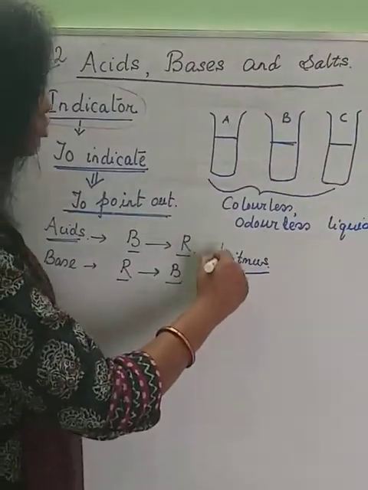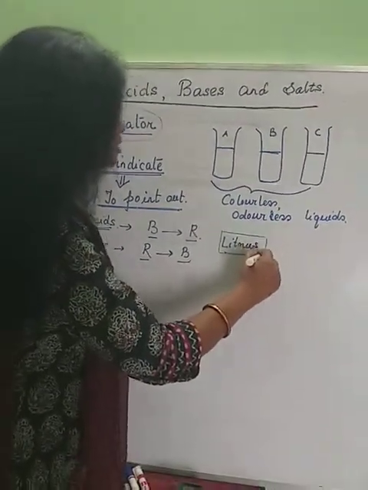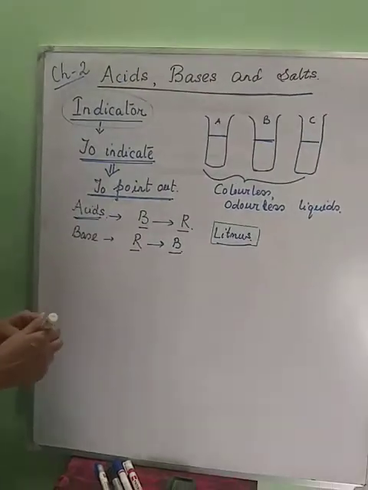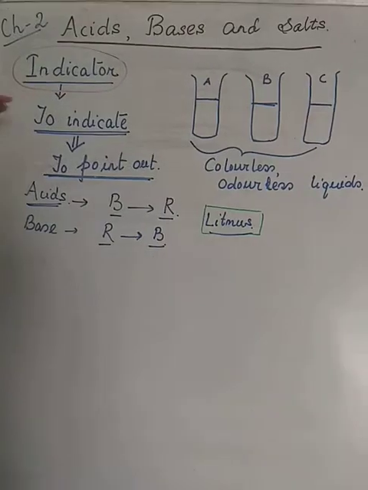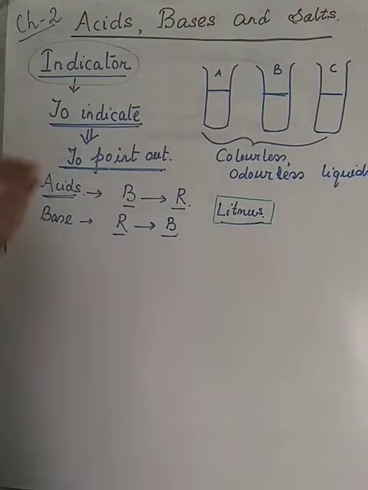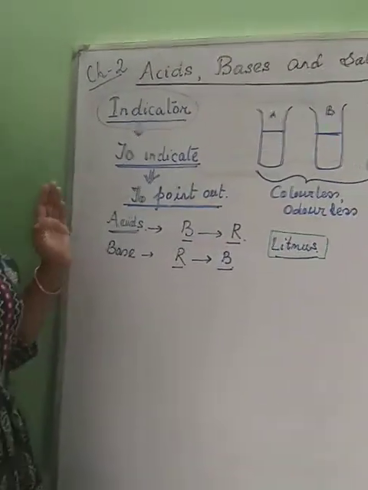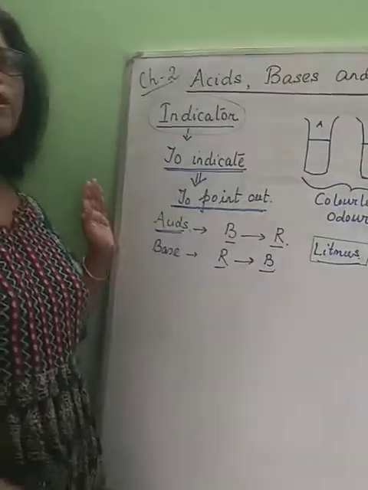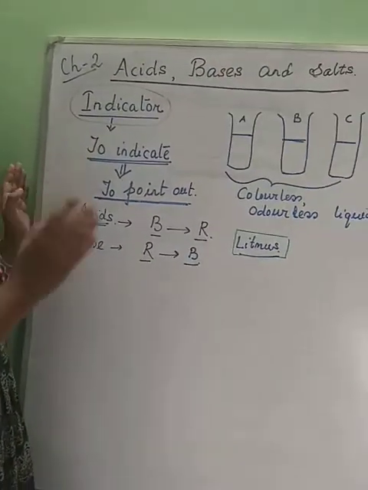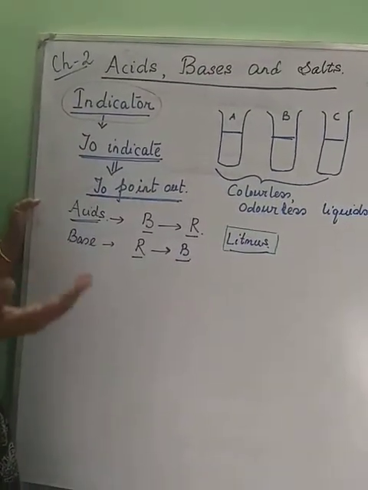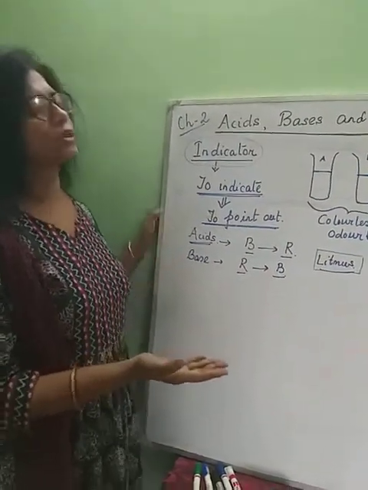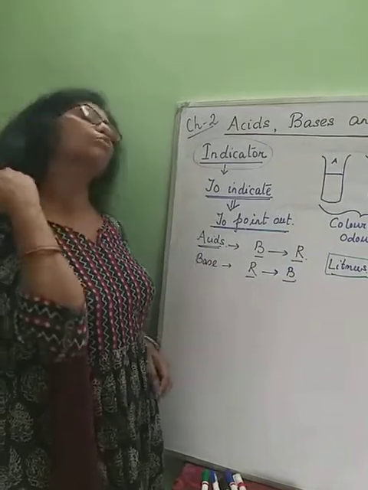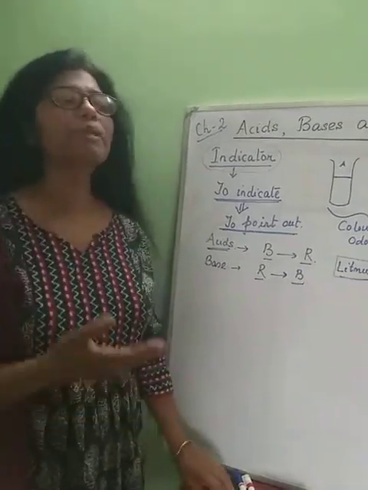One of the natural indicators is litmus, which is obtained from lichens. We have some other synthetic or man-made indicators too, such as methyl orange and phenolphthalein. Later on you will come to know some other indicators also, like Congo red and methylene blue.